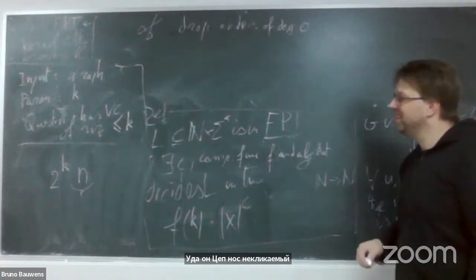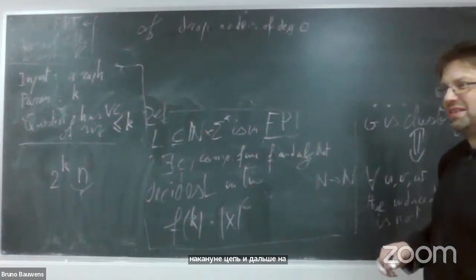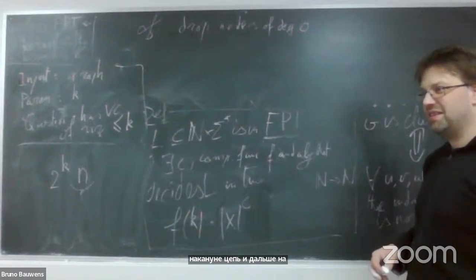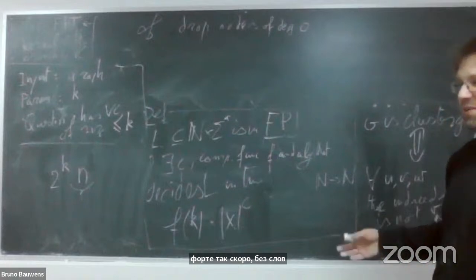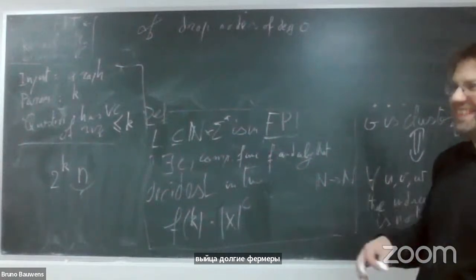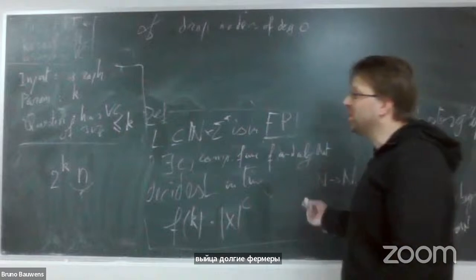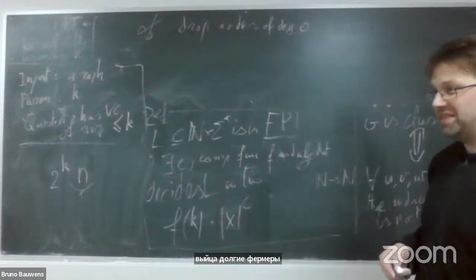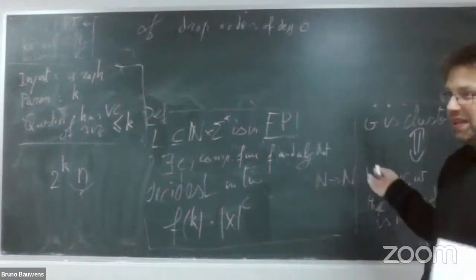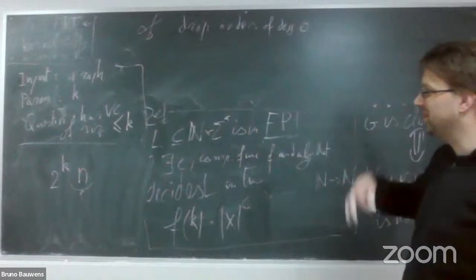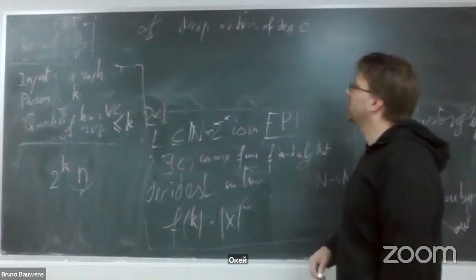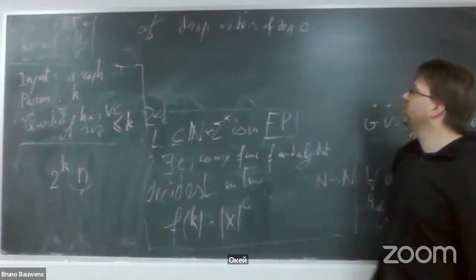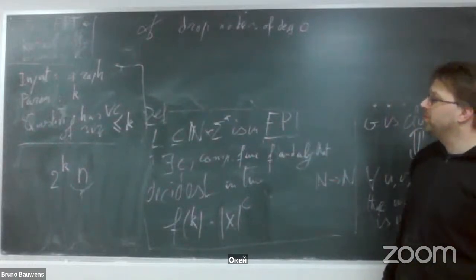The complement of a vertex cover is an independent set. So the independent set you want to be large, and the clique should be large, but the vertex cover should be small. Okay, so first rule: drop nodes of degree 0.